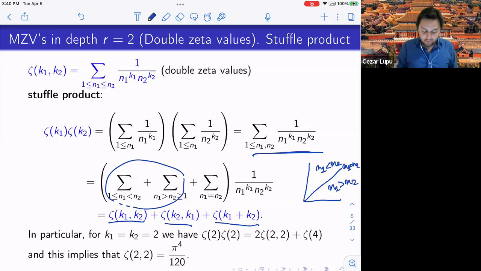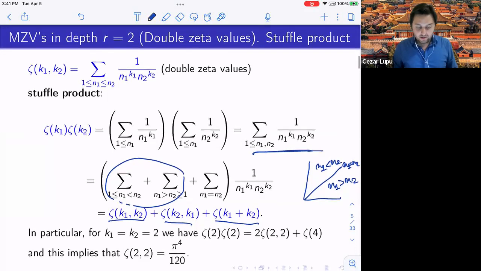So in particular, if you want to play around with zeta of 2, since we want to go back to Euler, we can replace k1 and k2 with 2, and then we'll get that double zeta of 2, 2 is a rational multiple of pi to the 4. All right.